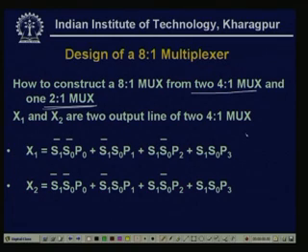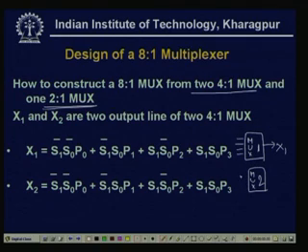This is my mux 1, with inputs P0, P1, P2, P3 and output x1. Similarly, here it is mux 2, with inputs P0, P1 and output x2.